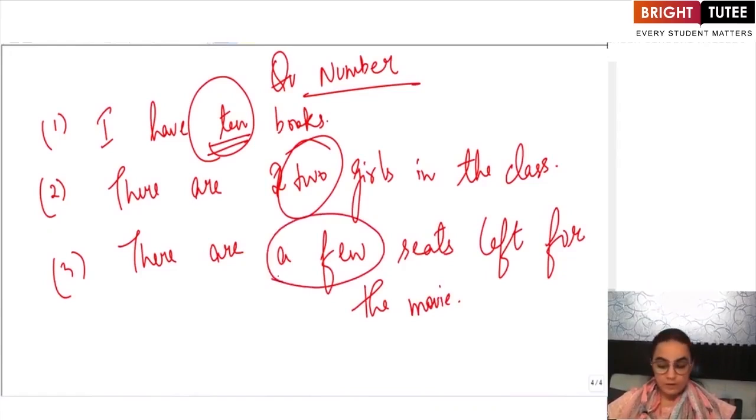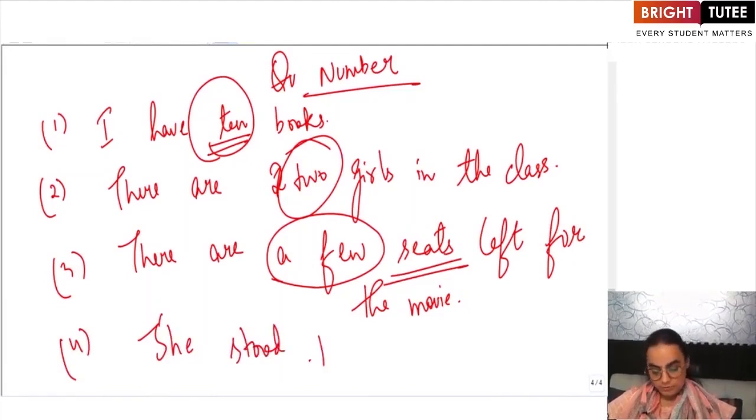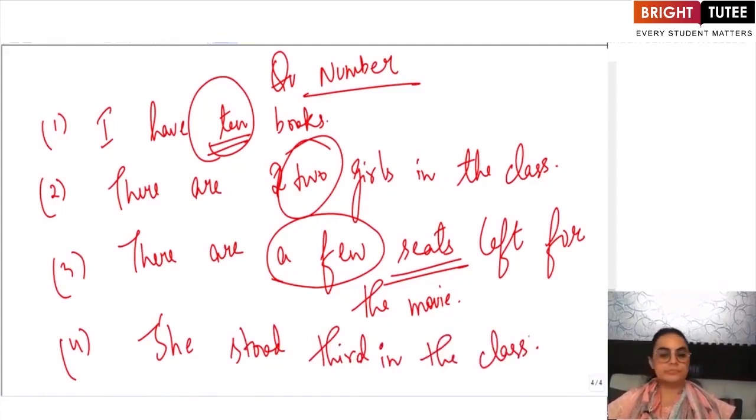I am using a few to represent seats, which is very much countable in nature. If I give you another example, she stood third in the class. So what was her position in the class? In what order was she in the class?